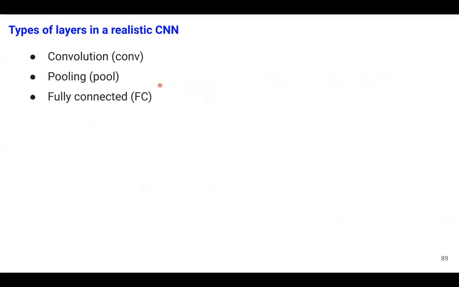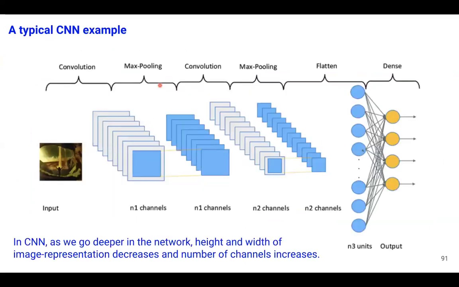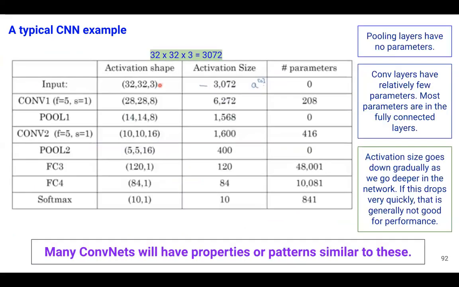So this is a very typical structure of a CNN, and there are a few things that one might notice when building a CNN. This is a table where on the left-hand side you have all the operations written.